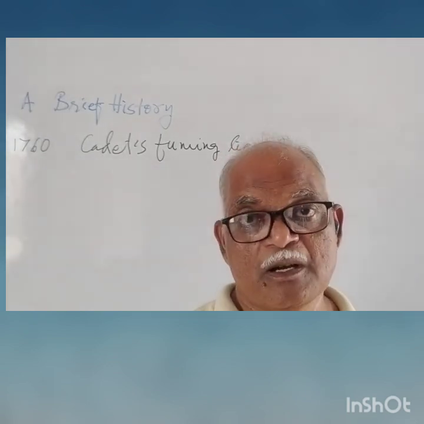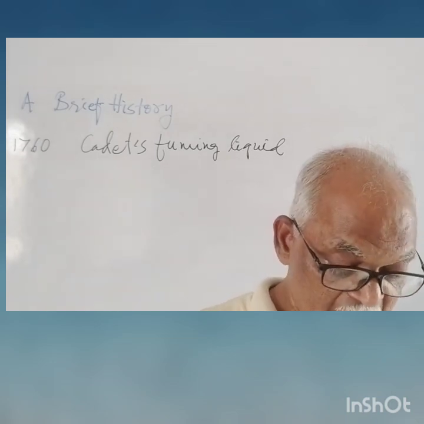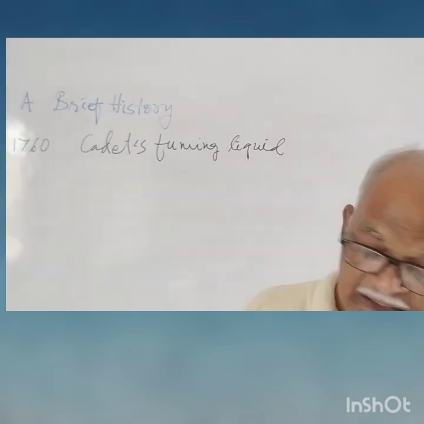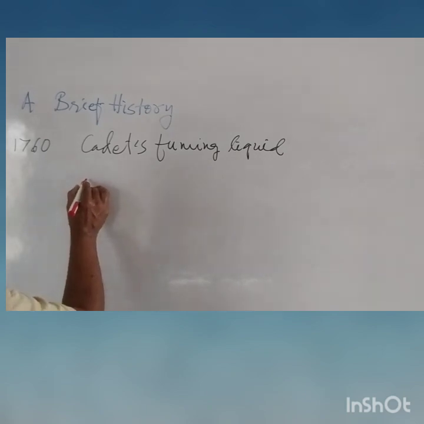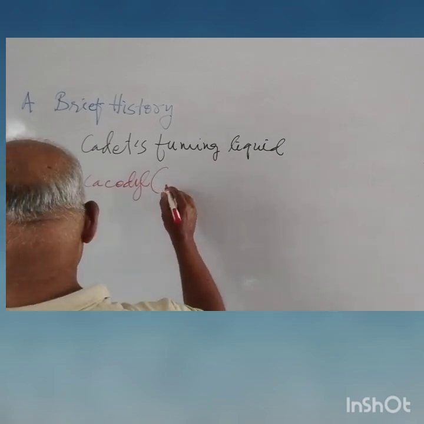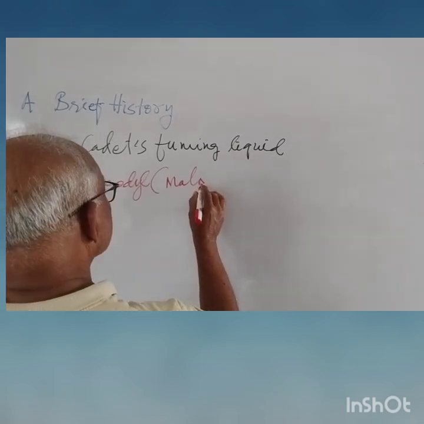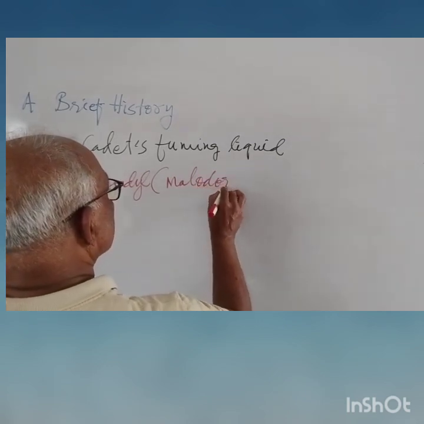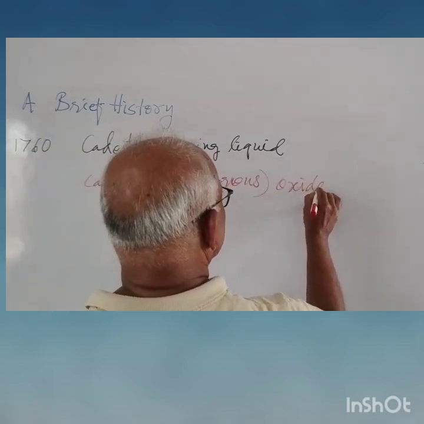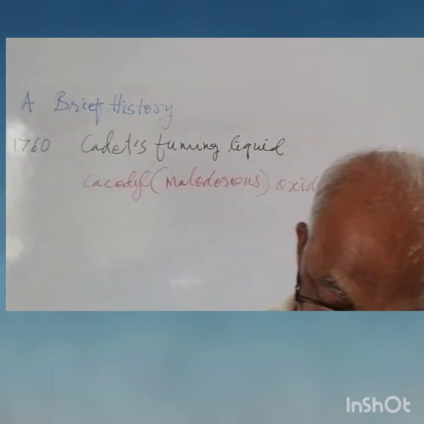It means that when it is obtained by the reaction, it shows formation of fumes, and because of this it was called cacodyl. It is also called malodorous oxide.